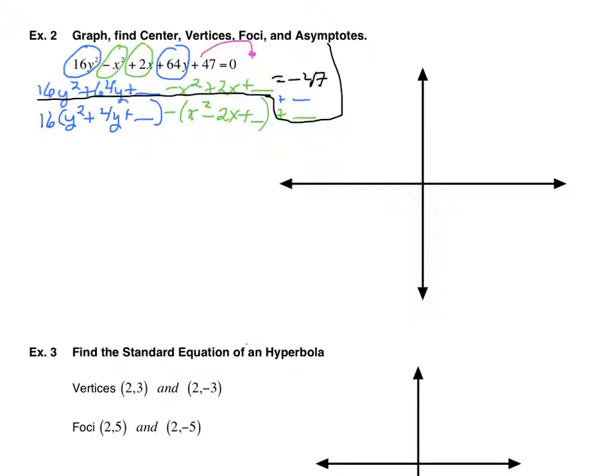And then I'm running out of room, so equals, and on the other side I have negative 47 still. But what happens on my plus blanks for my blue? You have to have a 16 times whatever you put on the blank. And then for the green, we're going to have plus a negative times whatever comes on that blank.